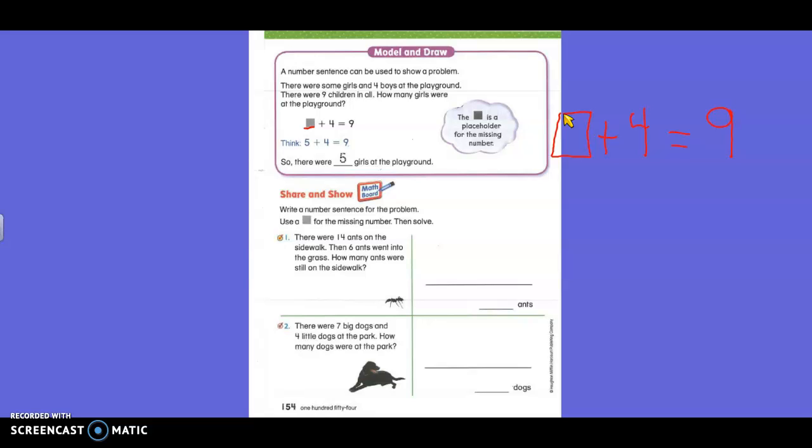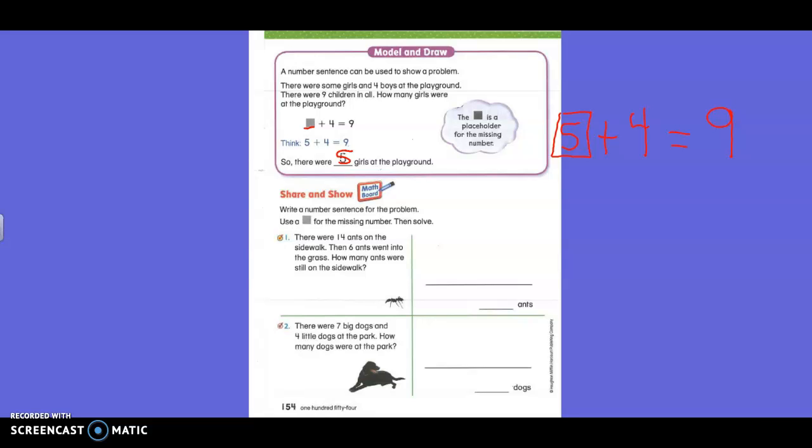How many girls were at the playground? If you know there were 4 boys and 9 kids all together, they gave you the answer, right? So how many girls were there? What number plus 4 equals 9? Everyone? 5. So you would put a 5 in the missing box, okay? And then you can answer the answer of 5. Okay?